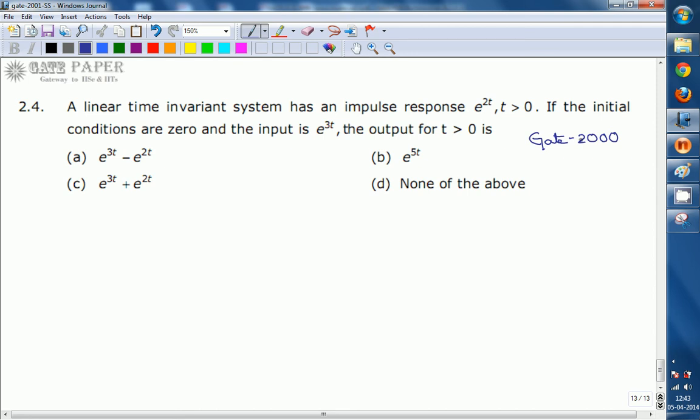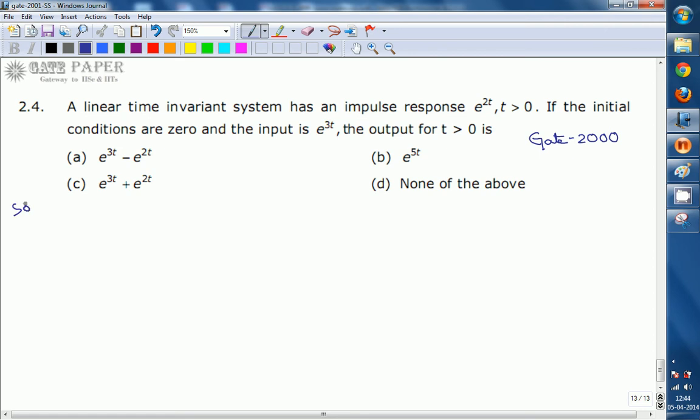If the initial conditions are 0 and the input is e^(3t), then the output for t greater than 0 is? Here a linear time invariant system with the given impulse response and input, with initial conditions taken as 0, is given, and we need to find the output of the system.